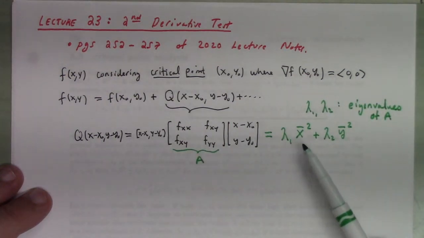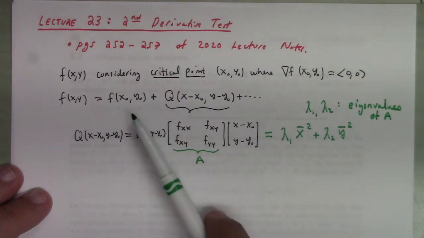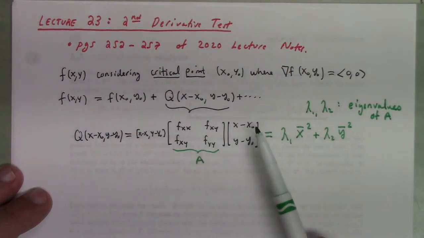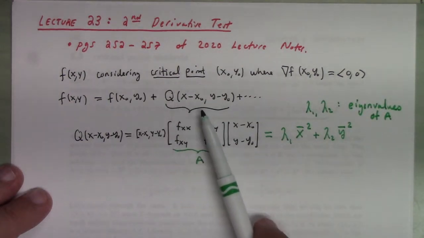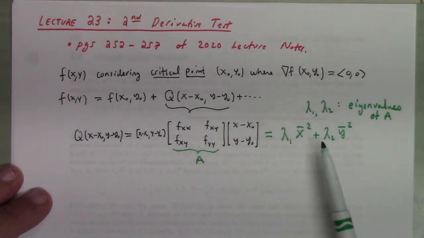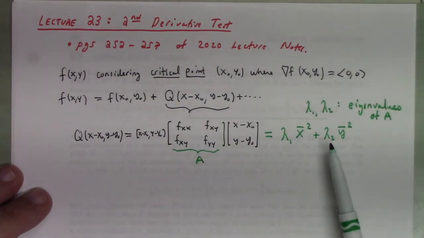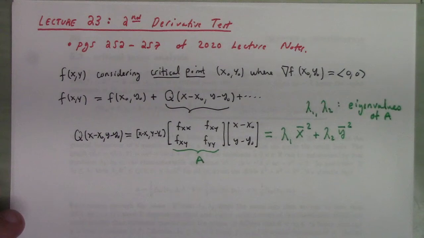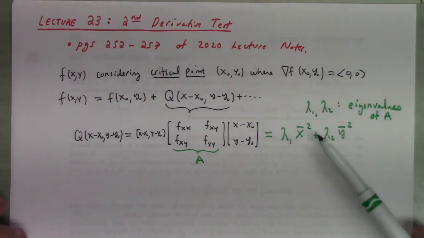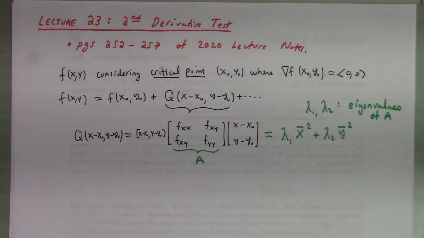And if both of the lambdas were negative, then that would be a maximum because you'd be taking away from that value with the Hessian term. If one of the eigenvalues is positive and one of them is negative, it's a saddle type thing because you could go up in one direction and down in another direction. And if one or both of the eigenvalues is 0, then we can't really say, all right?